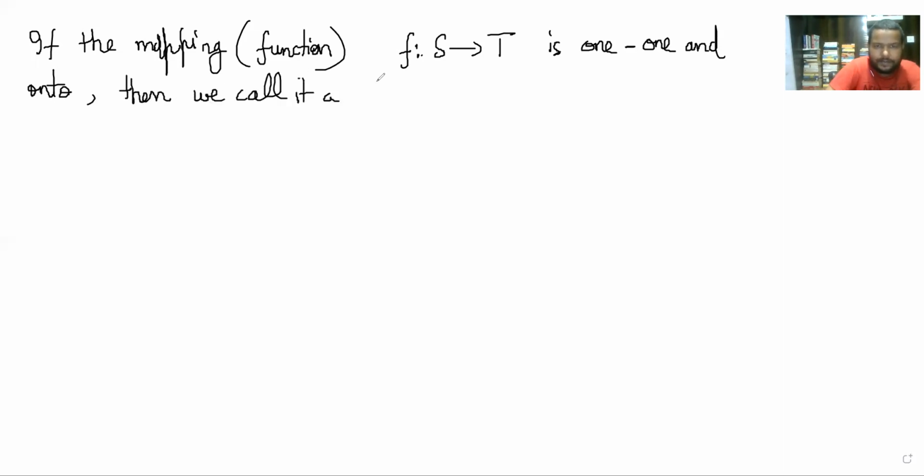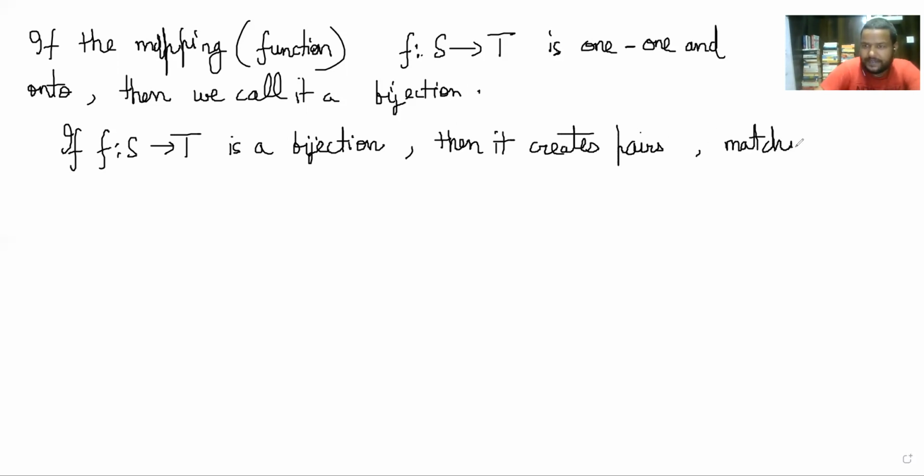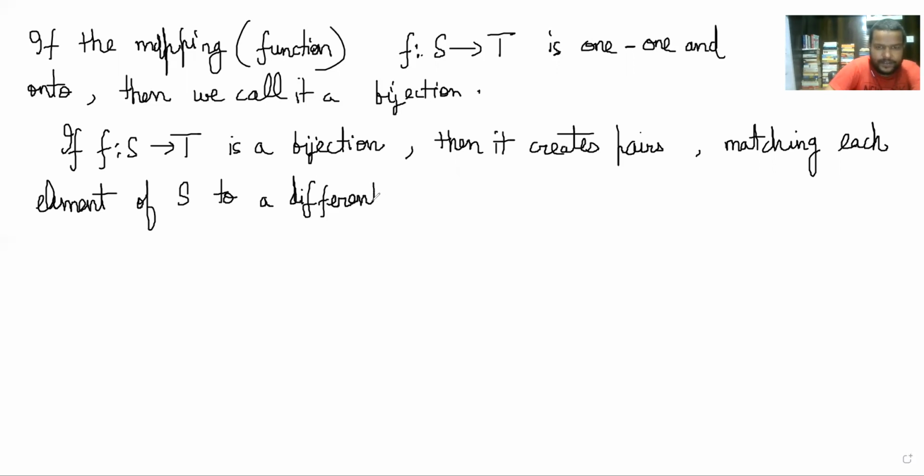When f from S to T is a bijection, it creates pairs, matching each element of S to a different element of T. And basically mod S will be equal to mod T.